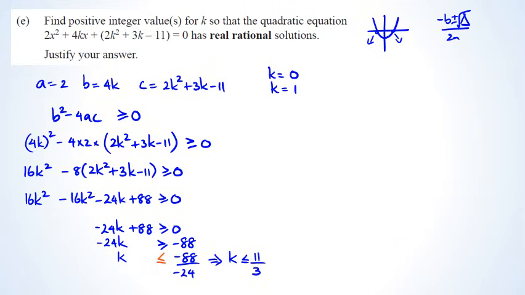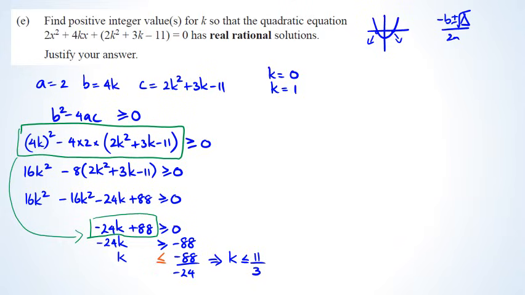If k is equal to 1, then the discriminant, which I've simplified all the way down to here, you can substitute k as 1 in there as well, but I've simplified it all the way from there to here, so I'm going to use that.